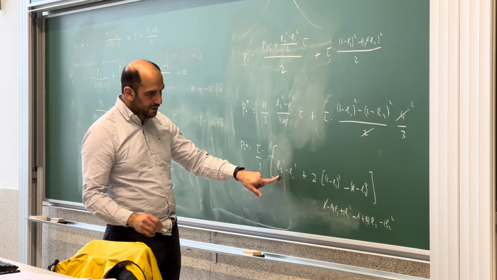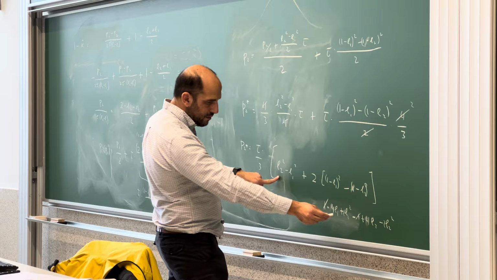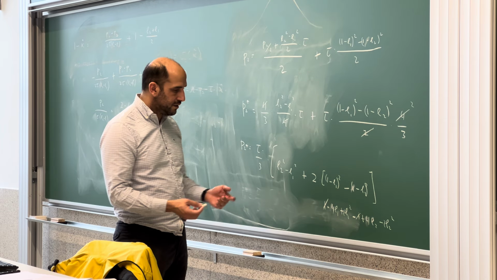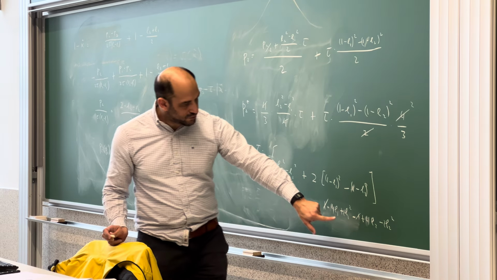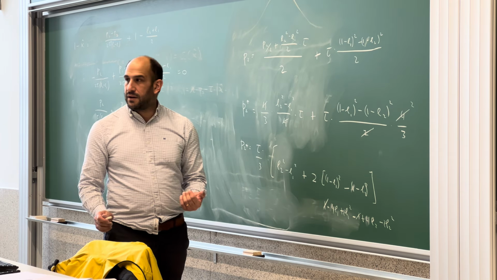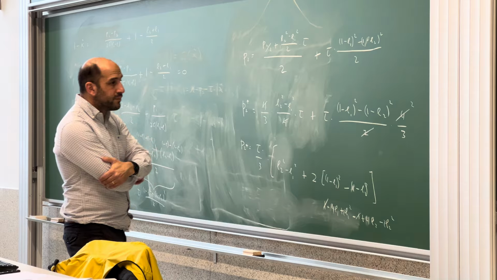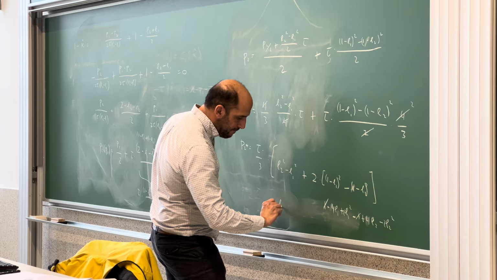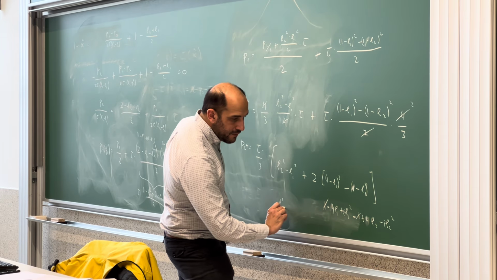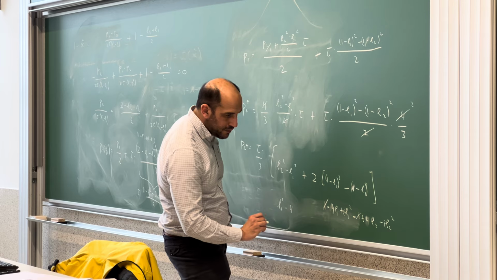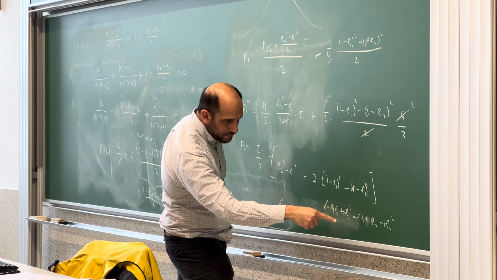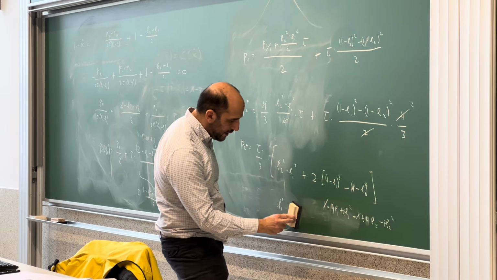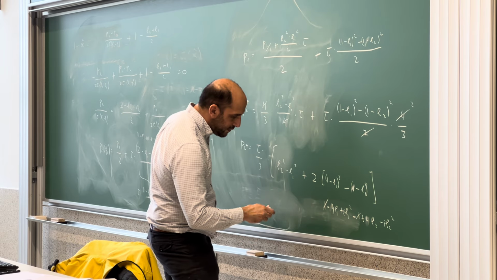And so we have L2 squared minus 2 L2 squared, which is minus L2 squared, and minus L1 squared plus 2 L1 squared, that's going to be L1 squared. So it's L1 squared minus 4 L1 plus 4 L2 minus L2 squared, so minus 4 times L1 minus L2.